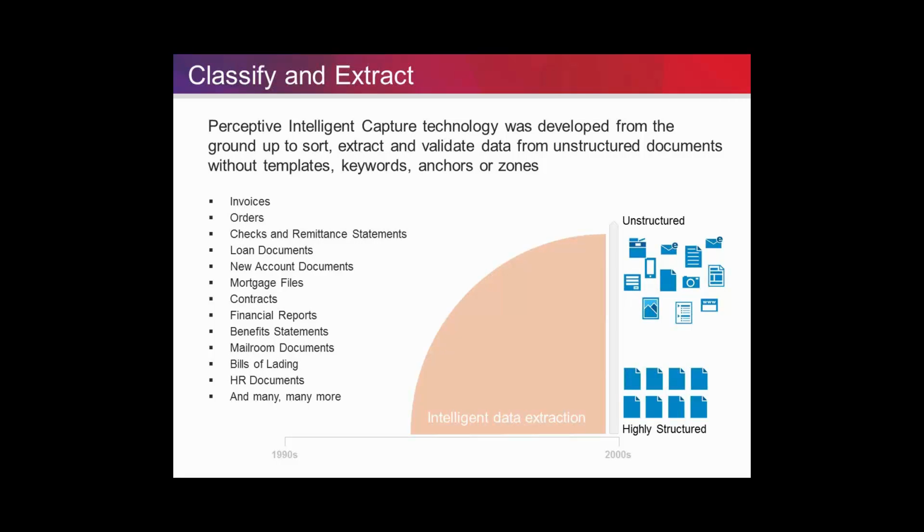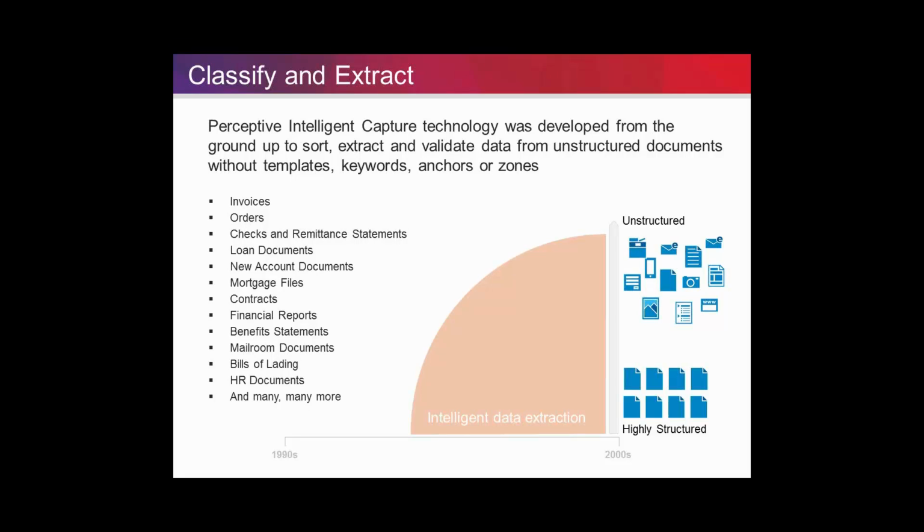And the other thing here that you can see on this list, we're not just looking for a solution here that can process invoices. Although we're focused on accounts payable today, you can set Intelligent Capture to classify many different document types and then process those documents, extract the information out of those unstructured forms, and provide that data to your system so that you can actually make use of it.